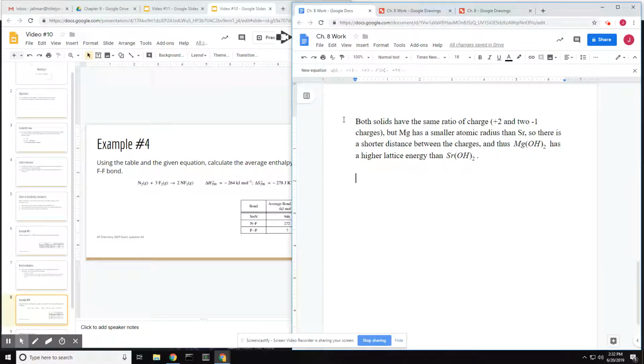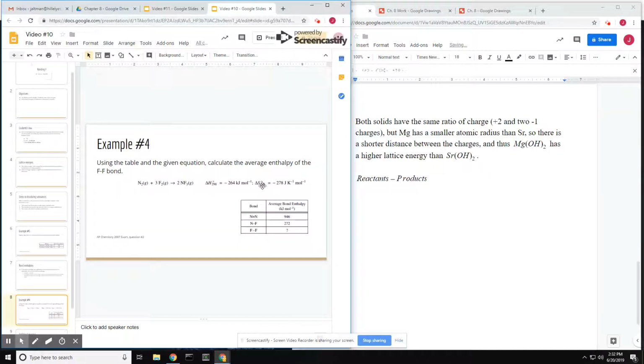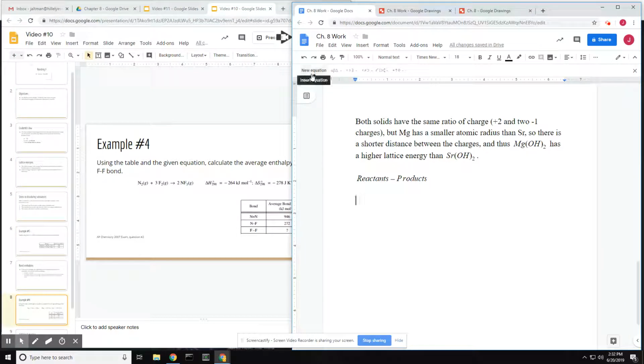All right, so let's take a look at this. We are going to be doing reactants minus products here. You can ignore this delta S thing. That will have more meaning later. So the N2 bond is 946 kilojoules per mole. And then I've got 3 F-F bonds.